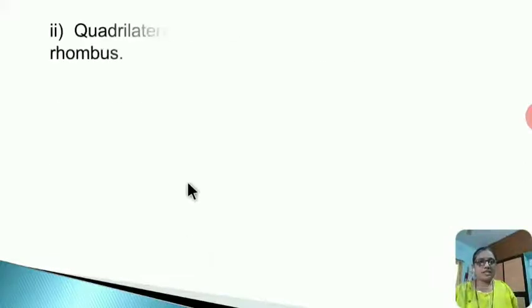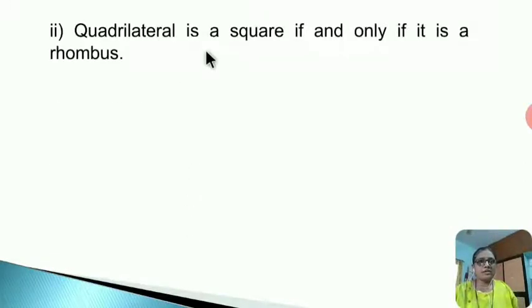Now the second example, quadrilateral is a square if and only if it is a rhombus. So here these are the two statements. Which are the two statements? Quadrilateral is a square and second statement is quadrilateral is a rhombus.